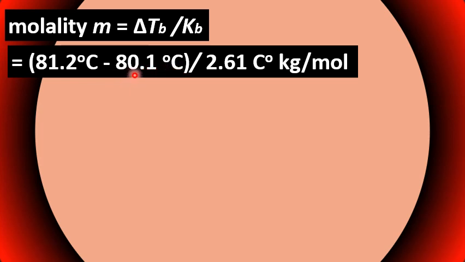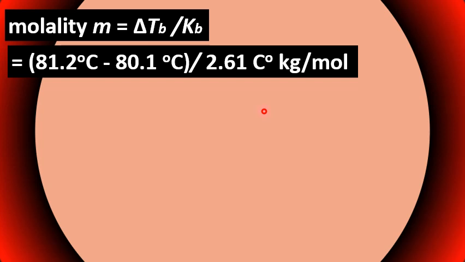That is the delta T sub B. And then divide it by the value of K sub B, or the molal boiling point elevation constant of the solvent, equal to 2.61 Celsius degree or Kelvin kilogram per mole.